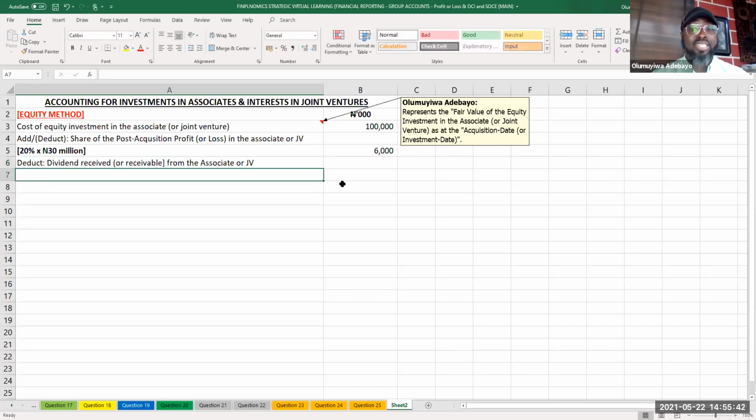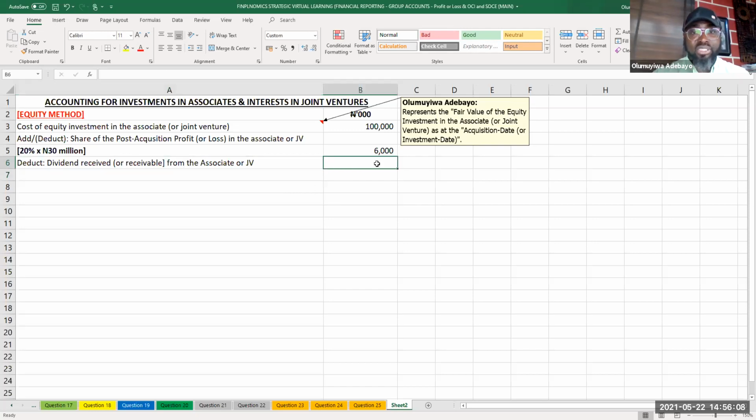The essence of this is that as we move on, you are recognizing your share of profit in an associate or joint venture, rather than recognizing a portion of it that was paid out as dividend, which means, like we did in the subsidiary consolidation, you will reverse your dividend income to replace it with your share of profit. And that is what we are trying to do here.